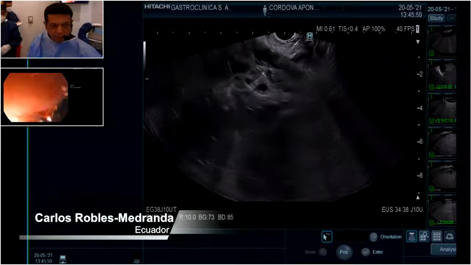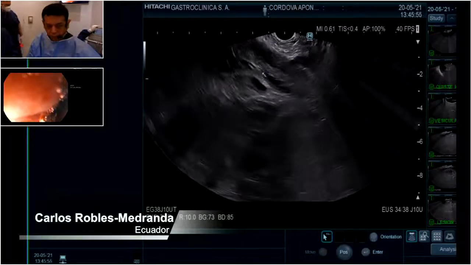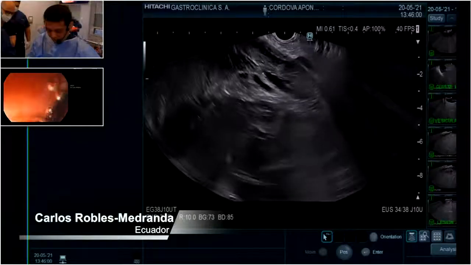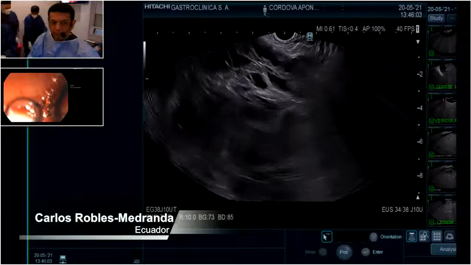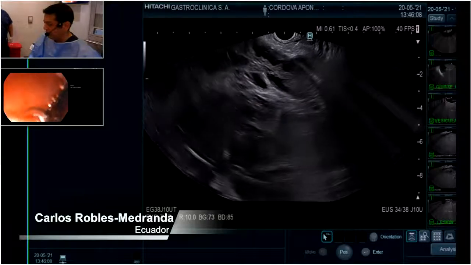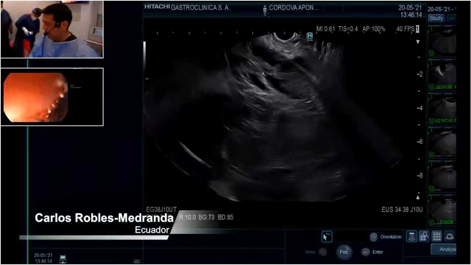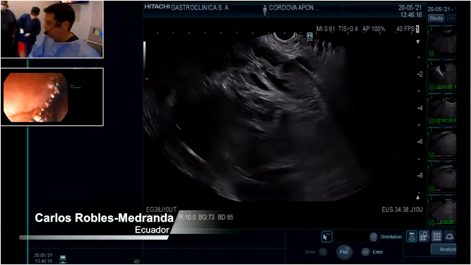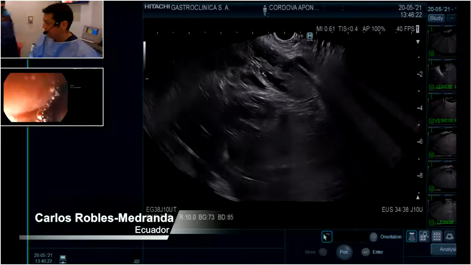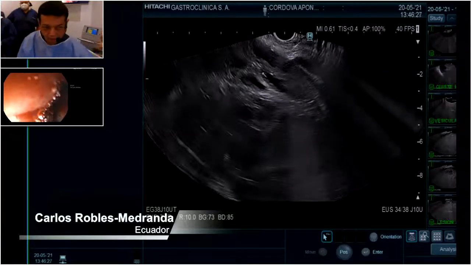Okay. This patient needs an ERCP to clean the biliary tract. So the final diagnosis, this is a pseudocyst secondary to acute pancreatitis due to microlithiasis in the biliary tract. So we need to clean the biliary tract now.